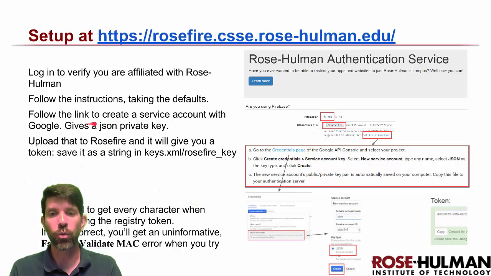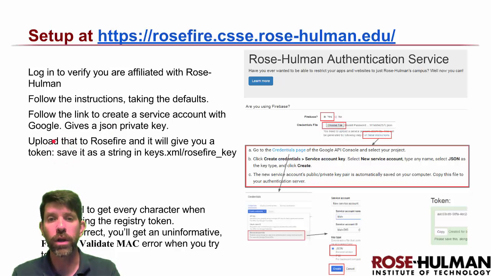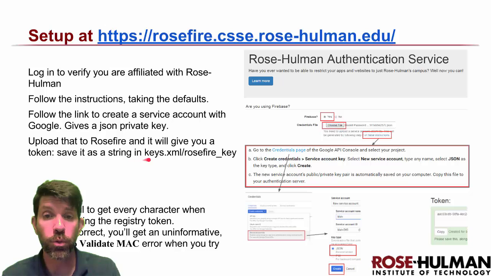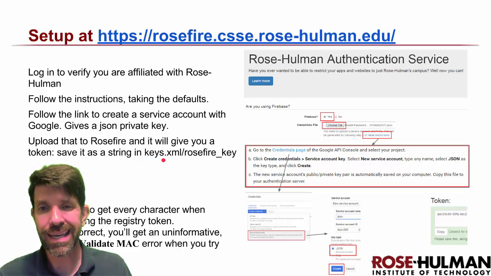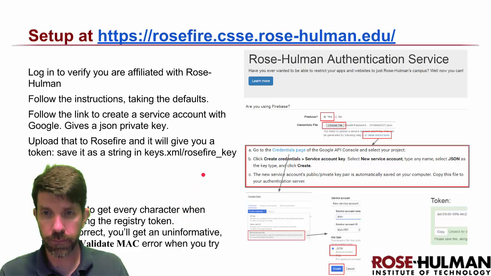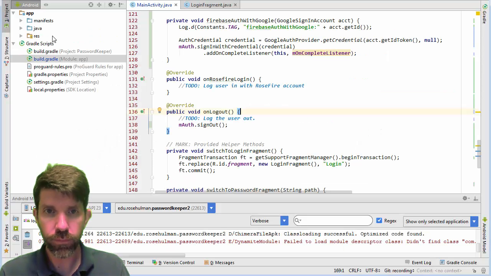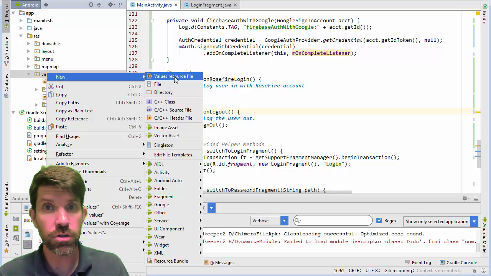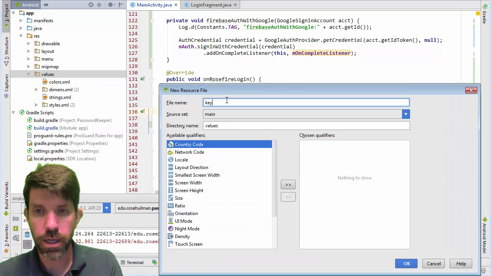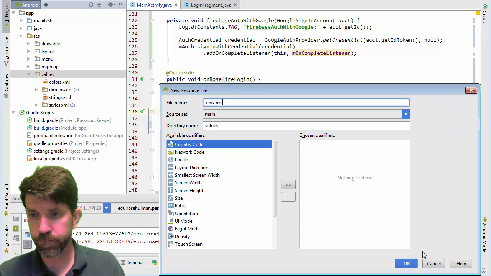Now I'll mention that when you get this token here, there are different ways to save it, but you're going to save it in your program. Sometimes people will put it in a separate file and then keep that out of version control. They'll ignore it, for instance. So I'm going to do that. I'm going to put it in keys.xml under Rosefire key. I still have it on my clipboard, and I'm going here into resources, values, right click, make a new values resource file, keys.xml.